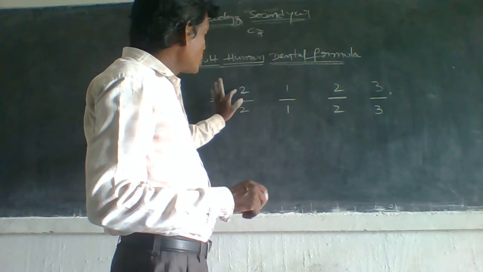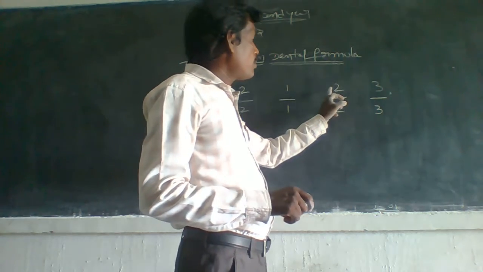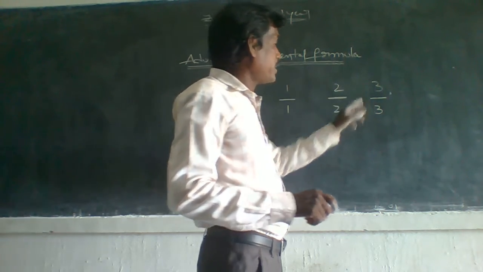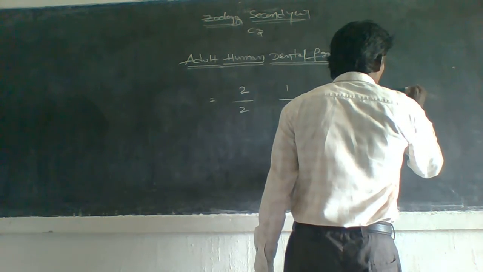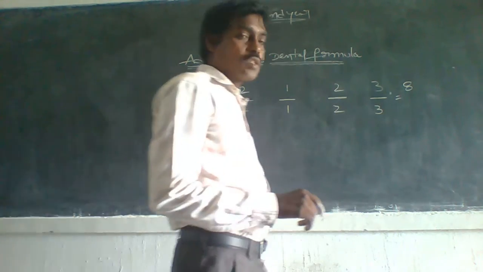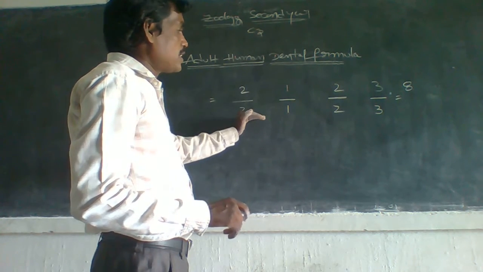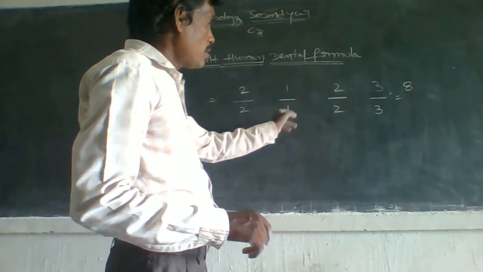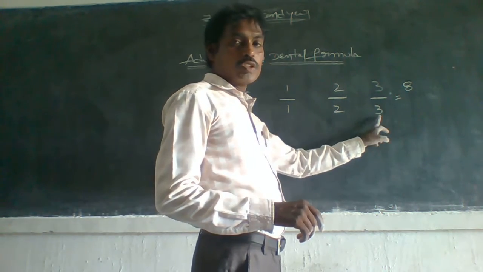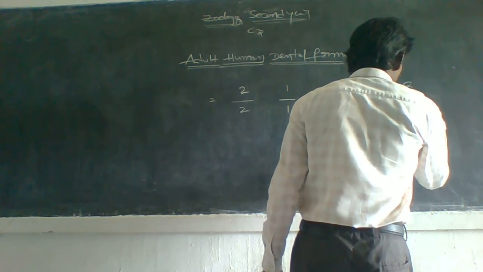Total teeth 2, 3, 5, 8. This is the upper jaw. Next, the lower jaw, 2, 3, 5, 8.